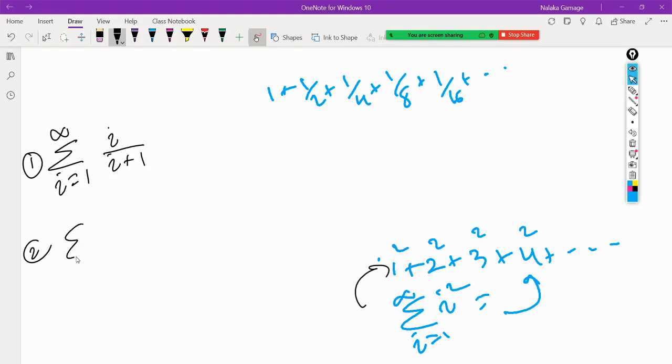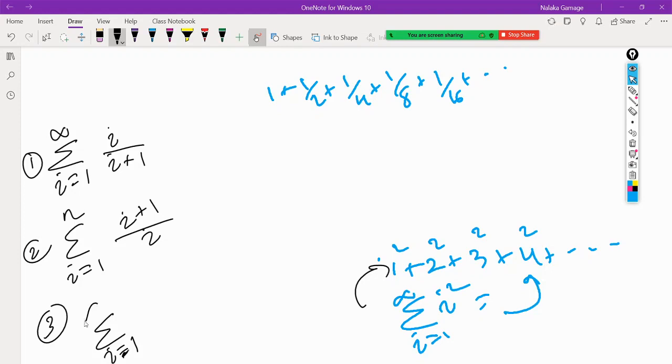Second one: sigma I equal 1 to n, I plus 1 divided by I. Third one: sigma I equal 1 to infinity, I squared minus 1, minus 1 to the power I.